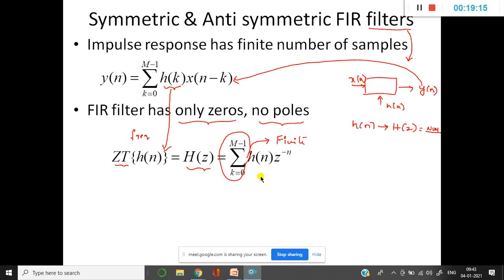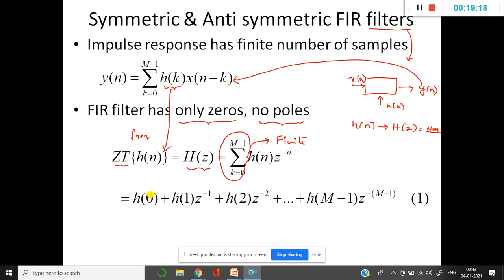If I expand this, how do I write it? H of z is equal to h of 0 times z to the power of 0, and z to the power of 0 is 1, so I write only h of 0, plus for n equal to 1, h of 1 into z to the power of minus 1, and h of 2 into z to the power of minus 2, and it continues. The sum is over n equal to 0 to M minus 1. The last term is h of M minus 1 into z to the power of minus (M minus 1).